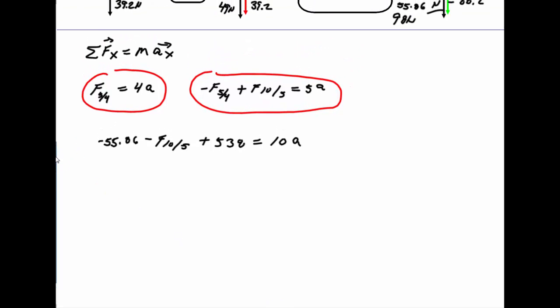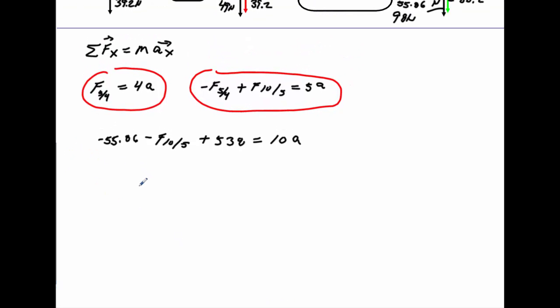At this point you could solve this through substitution. I'm going to set up a matrix, and what I'm going to do here is set up the force of 5 onto the 4. We'll have the force of the 10 onto the 5, we'll have the acceleration, and we'll have our values.